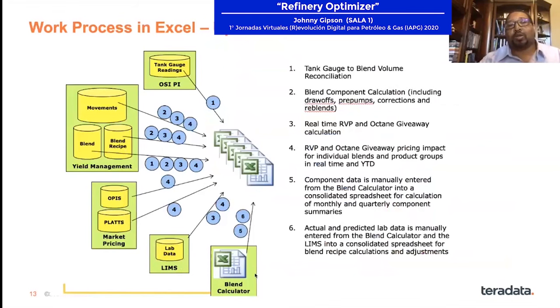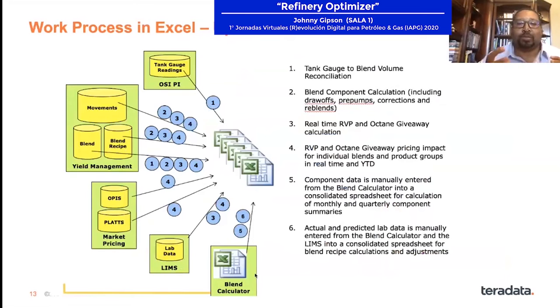And I've seen this a lot with our customers, and I used to do this when I was a blend engineer. We throw everything in Excel. I put my historian data in there, I use my yield management, I throw that in there, my market pricing, my LPs, and at the end of the day, we're all human, and you can end up with a 30% error rate once you do all of that.